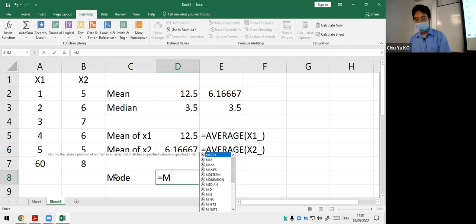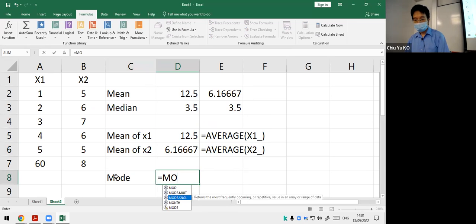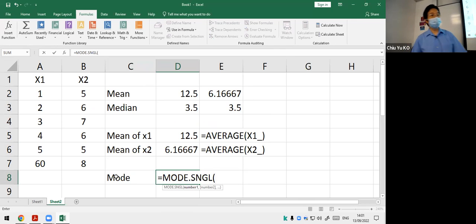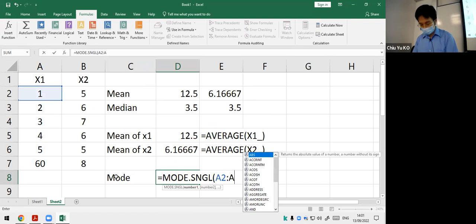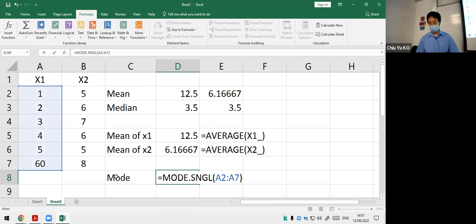You go to MODE.SNGL, and because I used the name already, I can just use x1 underscore, that's fine. Or if you don't like, I just do A2 up to A7. Maybe it is better. Do you understand?